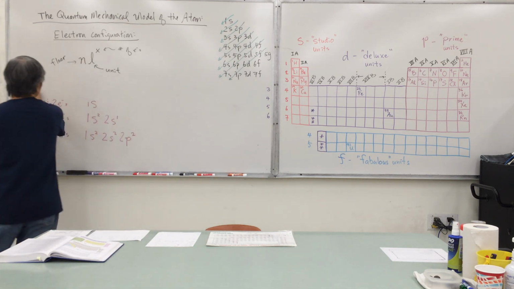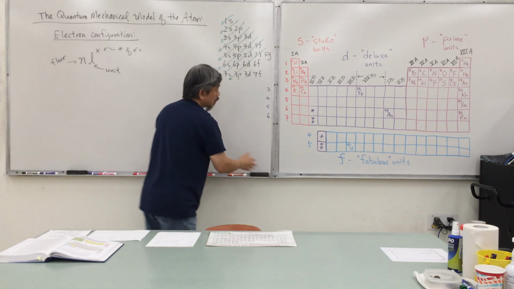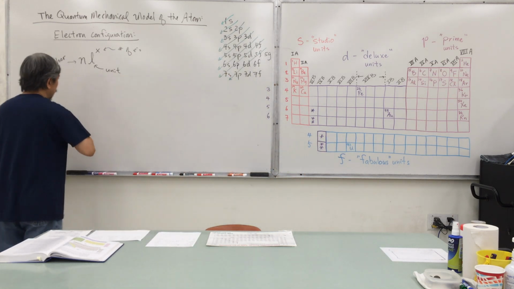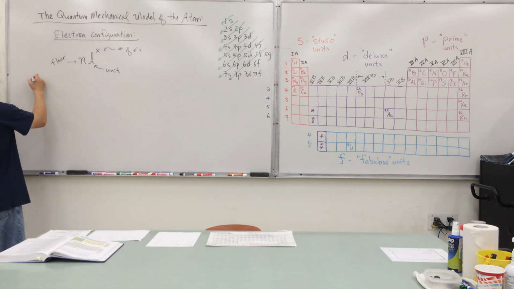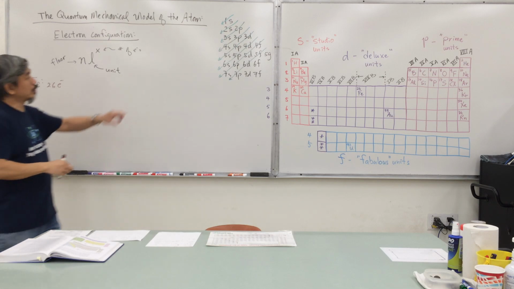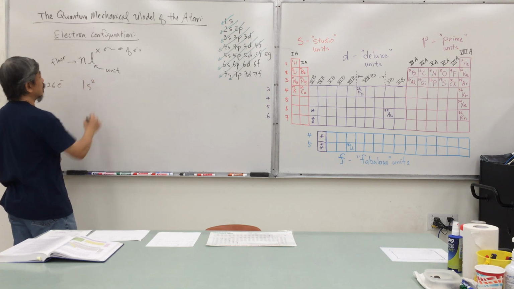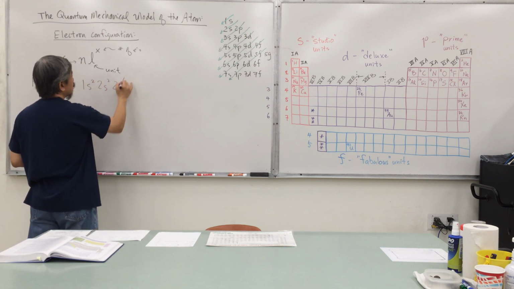What if I have to do one that is somewhere in here? Let's take a look at iron, for example. Iron is 26, so it has 26 electrons. How do I keep track of all of them? Well, if I go ahead and do this over here, I go from 1s, there's going to be 2 in there, 2s, I can put 2 in there, I can then go to 2p, which I can put 6 in there.